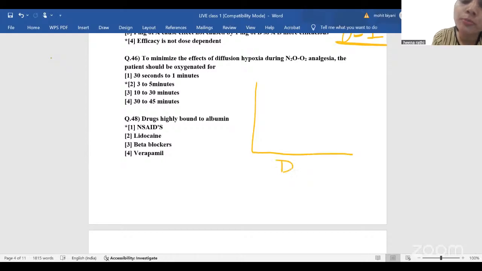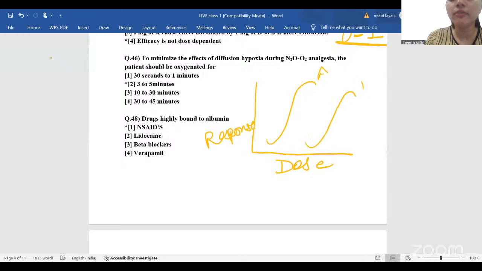We are going to plot a very important graph of dose and response for drug A and drug B.